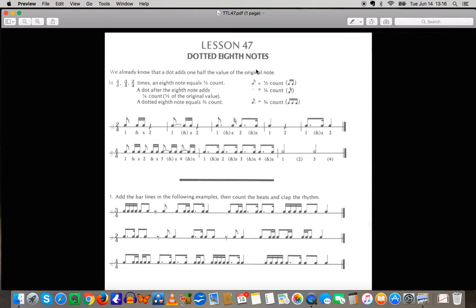So if it follows a quarter note, it makes it a quarter and a half note. If it follows an eighth note, it makes it an eighth or 3/4 of a note. These principles operate the same in 4/4, 3/4, and 2/4 times.